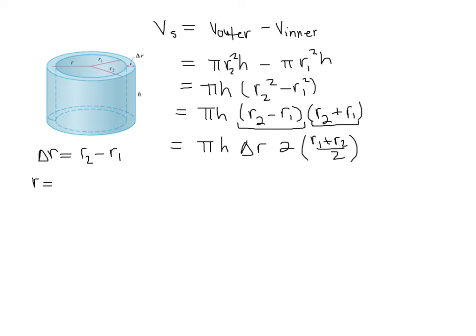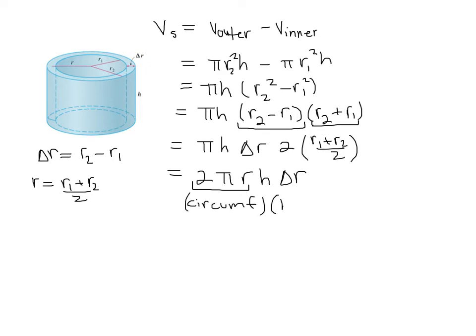So little r is (r1 plus r2) over 2. So the volume of a shell is 2 pi r h delta r. It's useful to think about that in the following way: 2 pi r is the circumference, h is the height, and delta r is the thickness.